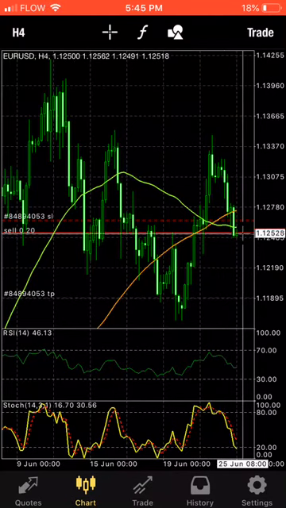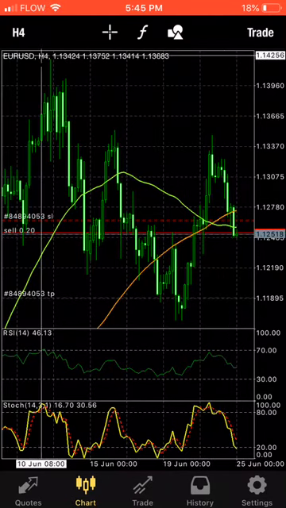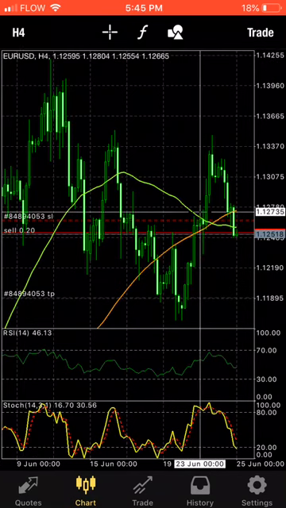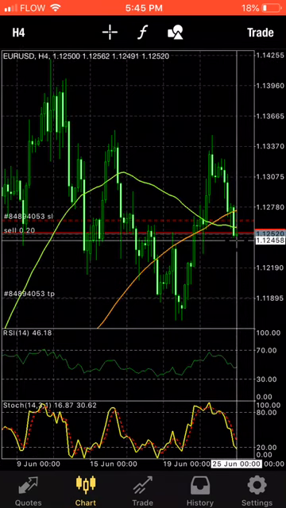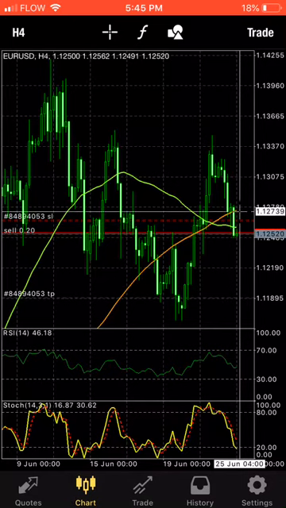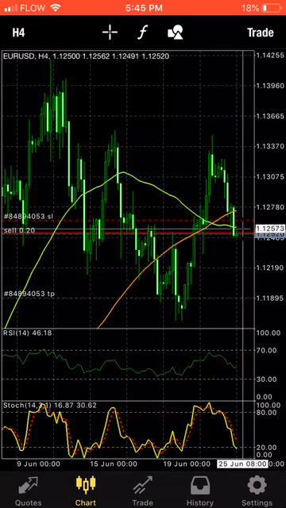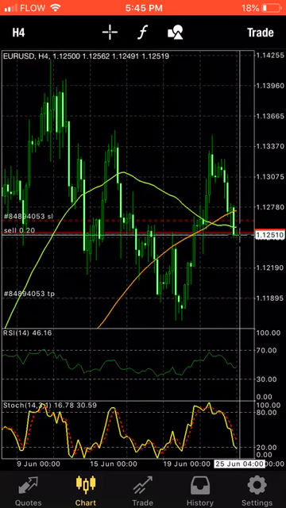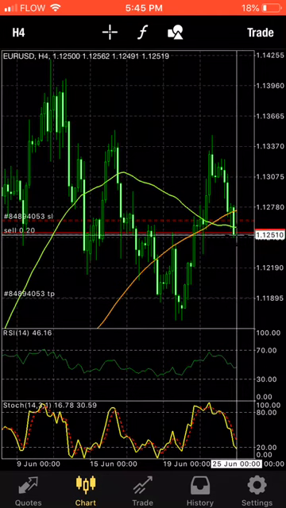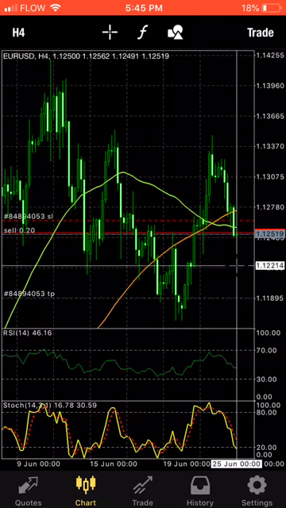Generally, if I'm trading on the 4-hour time frame, I will jump into trades and set my stop loss at about 30 pips away. So in this case, let's say I want to do a sell order because I anticipate that the Euro USD is going to go down.